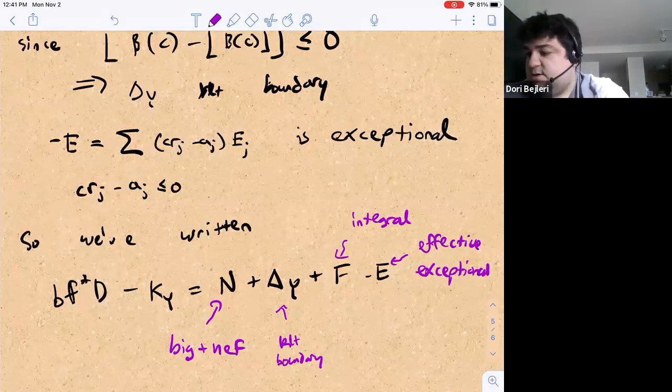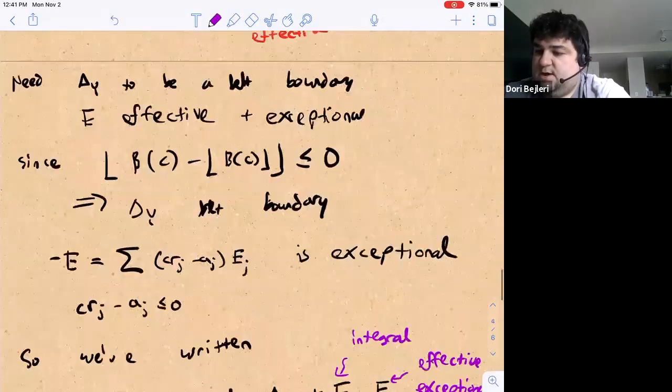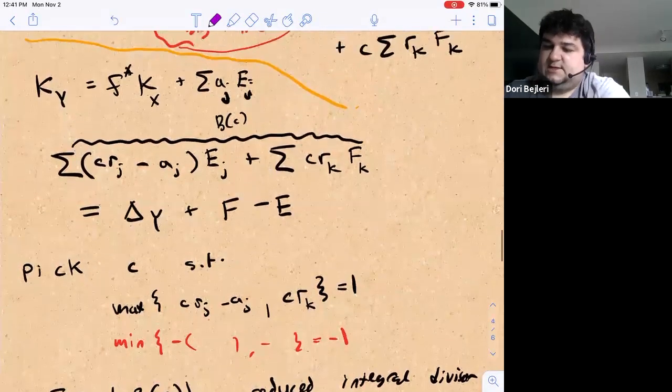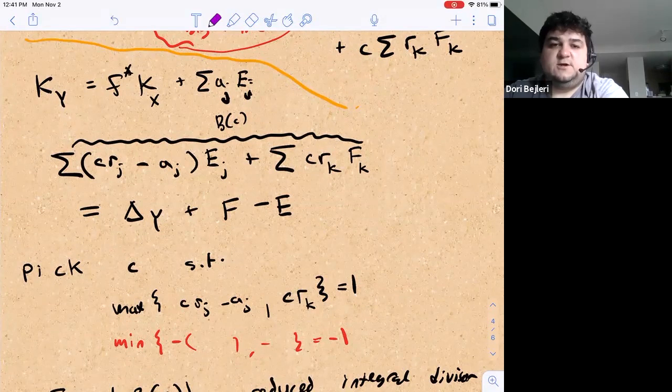One thing I didn't check, but which is true, is that the component f doesn't share any components with delta. And if we go up here, that's essentially true because the way we constructed it is by taking this b divisor and splitting it up in terms of what the different coefficients are. So all the e's and the f's here don't share any components.